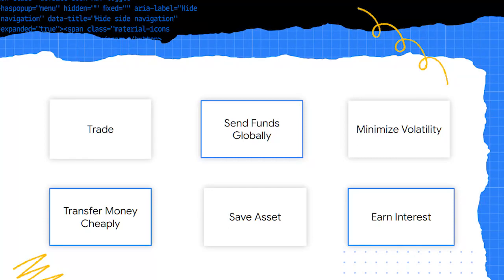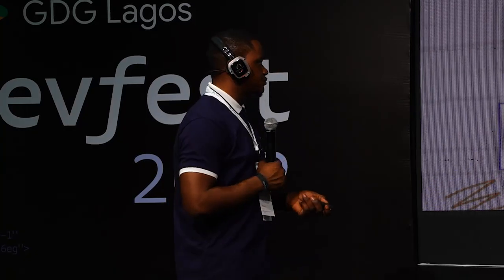We have minimizing volatility, saving assets, and earning interest. These are the regular things you can do with digital cryptocurrency, and the same applies to USDC, because it's a digital currency available for you to save, trade, and earn interest.